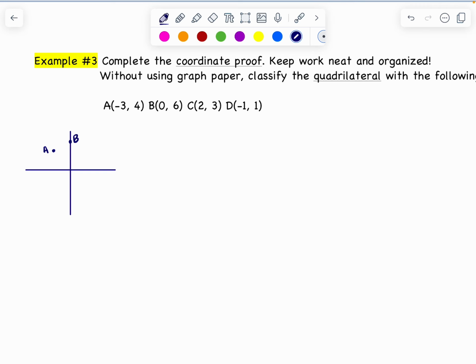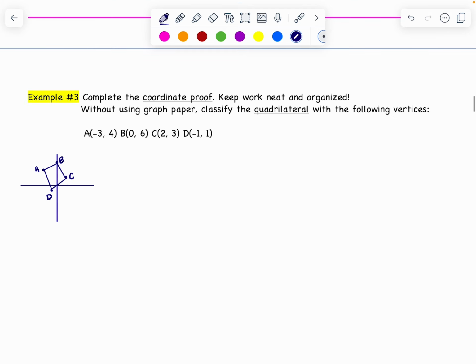B is at 0, 6. So let's say up here. C is at 2, 3. So let's say it's about there. And D is at -1, -1. Again, it doesn't have to be perfect. I'm totally just sketching that to give myself a visual of where the points are relative to one another. That doesn't even look like a good shape at all. But again, I don't care. I'm just kind of seeing who's opposite from who and kind of where they are.